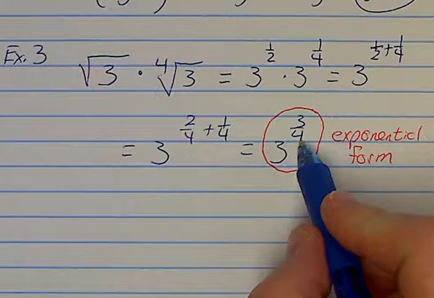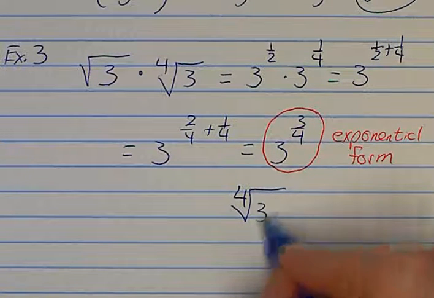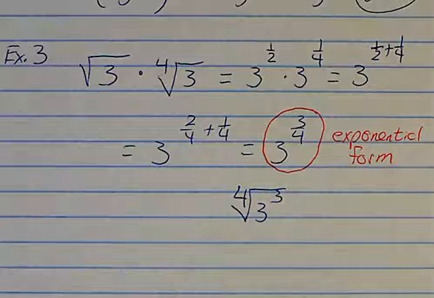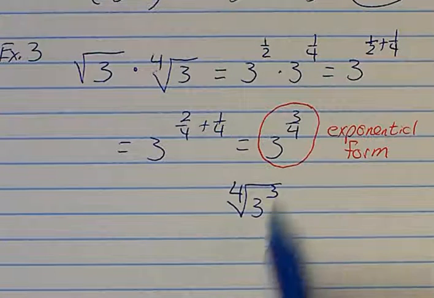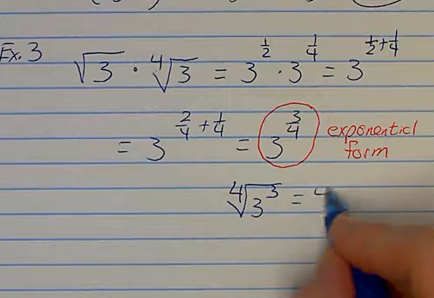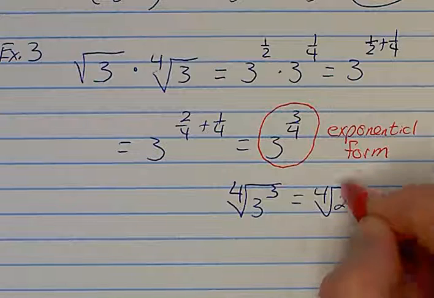So this 4 is here on the bottom, so that means it's the index, so it goes out here. And then we've got 3 to the 3rd power, so that would go in there. And since you can do 3 to the 3rd power, 27.